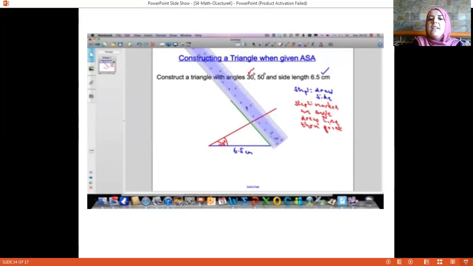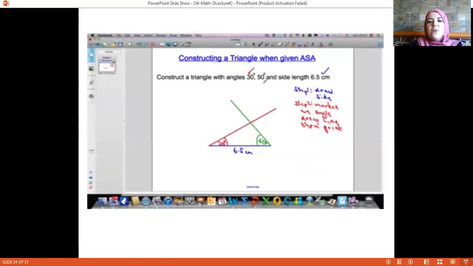Okay, you can erase the extended part, which we don't need actually. I just need to stop on this intersecting point. And this is the triangle.